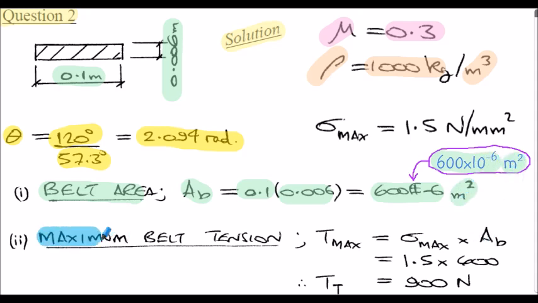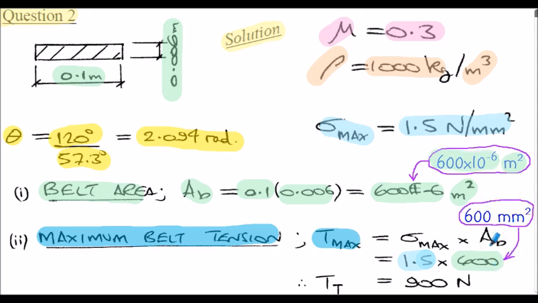The maximum belt tension, labelled as Tmax or Tt, is the maximum allowable tensile stress in the belt, which is 1.5 newtons per millimeter squared. 1.5 here. And I multiply that by 600 millimeters squared, because 600 times 10 to the negative 6 meters squared is the same as 600 millimeters squared.